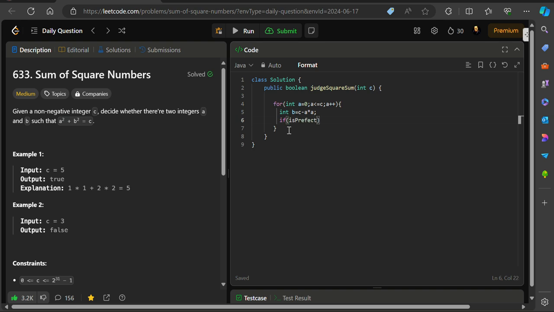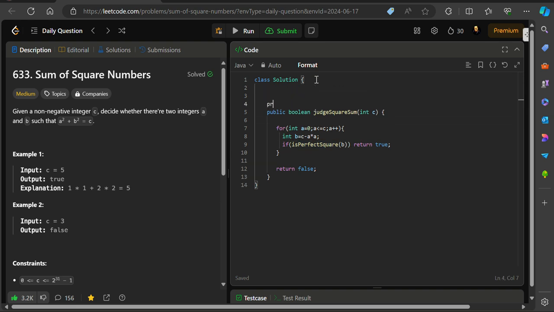Now this B must be a perfect square for this number to be satisfied. So if this is a perfect square, just return true. Yeah, this is perfect. So let's write up the function of perfect square.